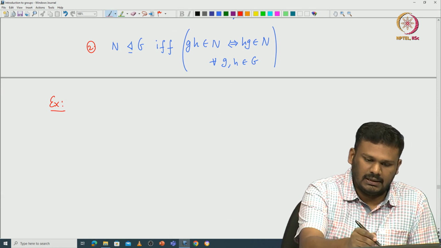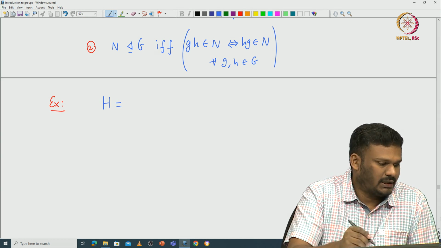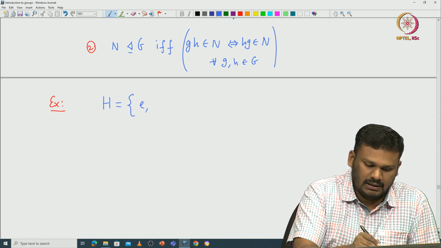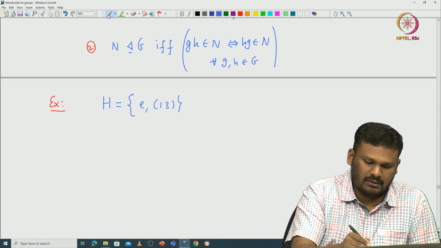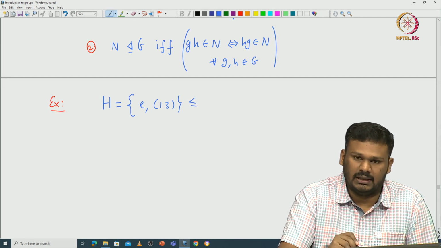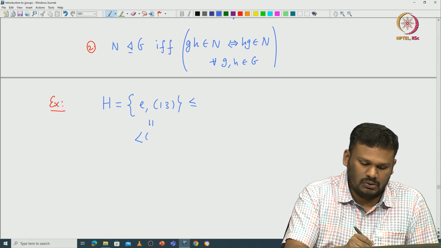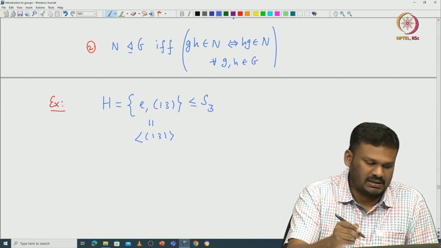If you take the subgroup H generated by this 2-cycle (1 3), that is, identity and (1 3) inside S3, this is a subgroup, because the order of this 2-cycle is 2; if you square it you get identity. This is basically the subgroup generated by the 2-cycle (1 3) inside S3.